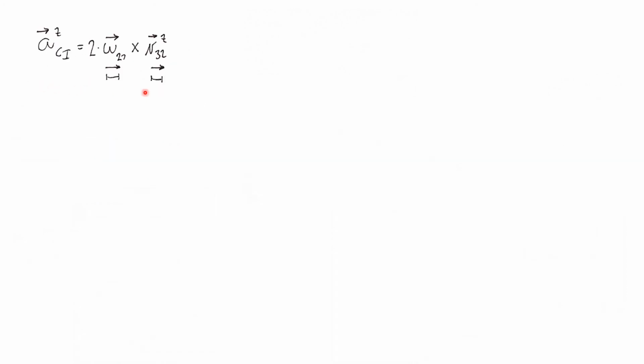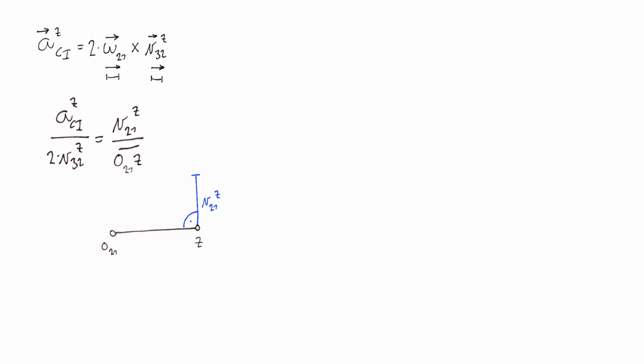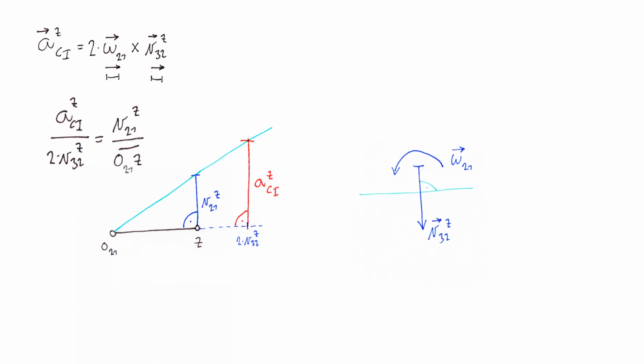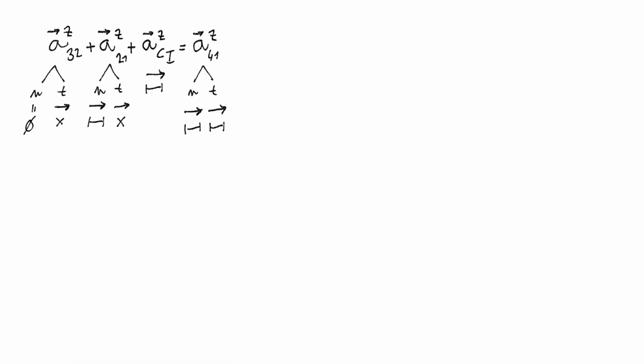The Coriolis is 2 omega carrying, omega 21, times V relative, that would be VZ32. And again, because it's a planar two-dimensional task, we simply multiply the magnitudes. As for direction, we take the relative velocity and we turn it 90 degrees in the direction of omega carrying.